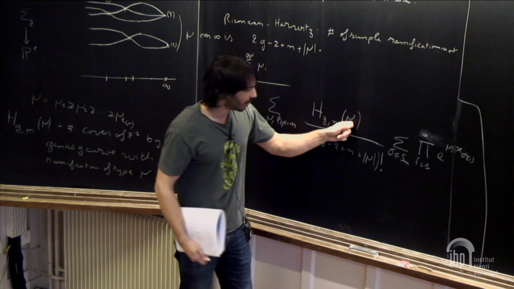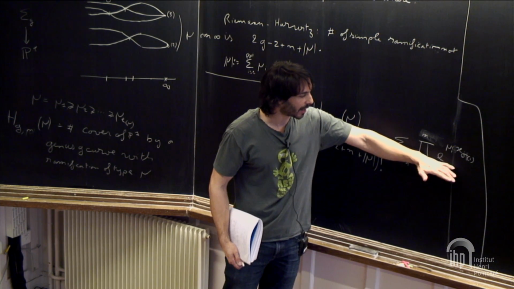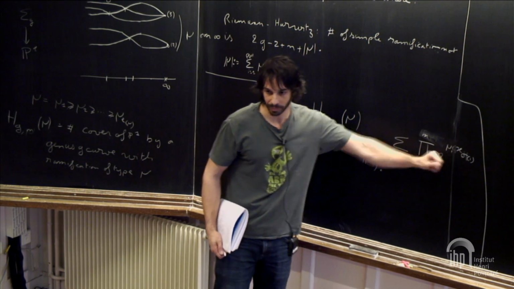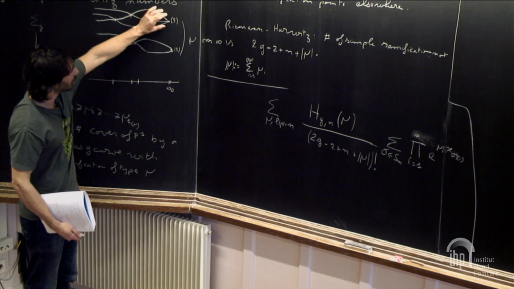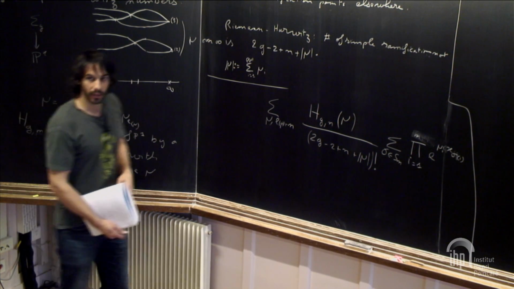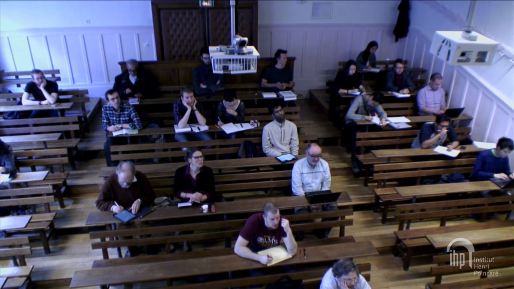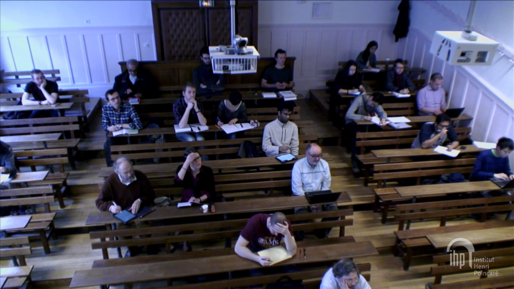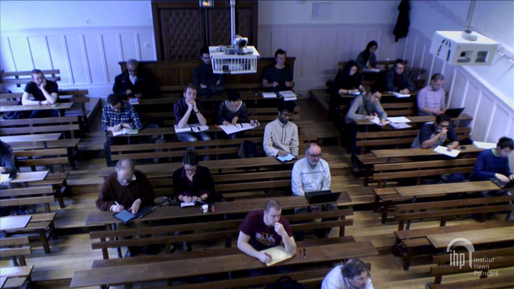To each of my points above infinity, I associate a weight exponential mu i xi. And this I call W g n of x1 to xn.